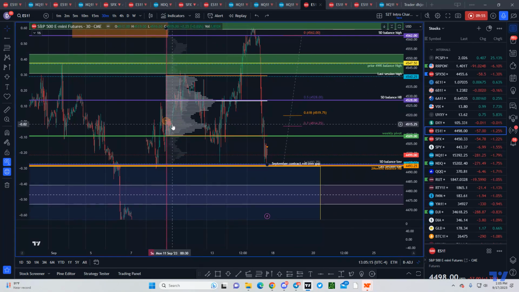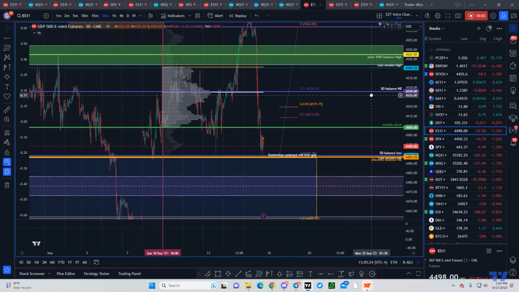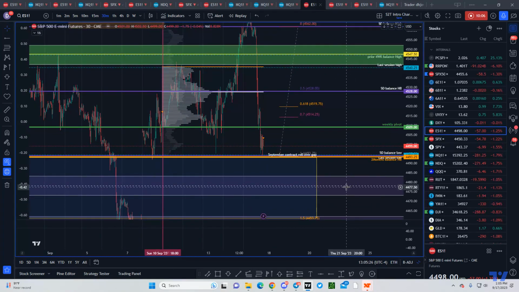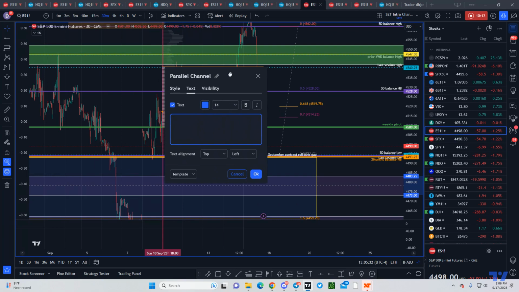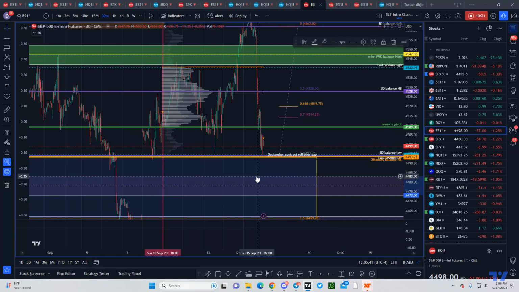So what we're going to do here is very simple. We're going to get some targets. And I believe I already have the targets, zones mapped out. It's a shame that you can't put text on this thing. Oh, maybe you can. Okay, so there you go, parallel channel. So T1 downside, T1 top. Let me see what it does.